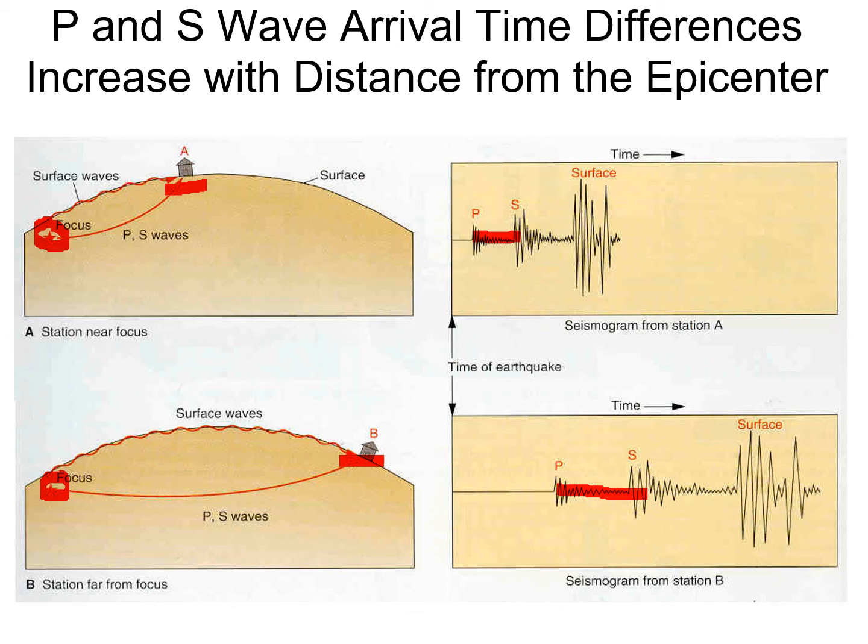And so we can tell how far away the focus or the hypocenter is, as well as the epicenter that is directly on top of it. Now, the trick is this only tells us the distance. It does not tell us the direction. And so we need more than just one or two seismographs. We actually need at least 3 or more.